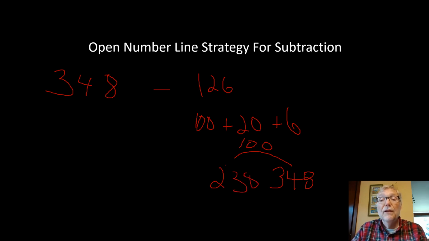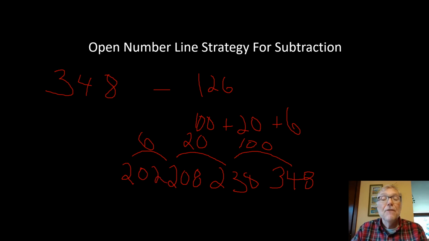Now I go to the tens place, and I subtract 20. Now for most of you, you probably can do a big hop of 20 in your head, so that'd be 208. And then we subtract 6, and you should know that this is 202.